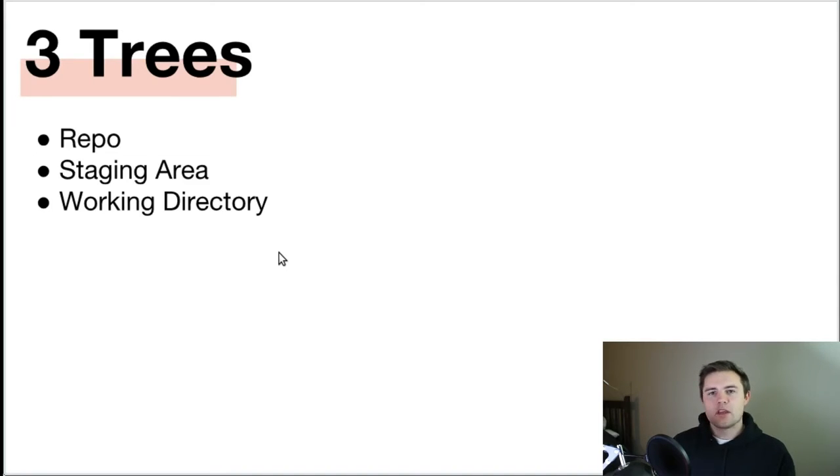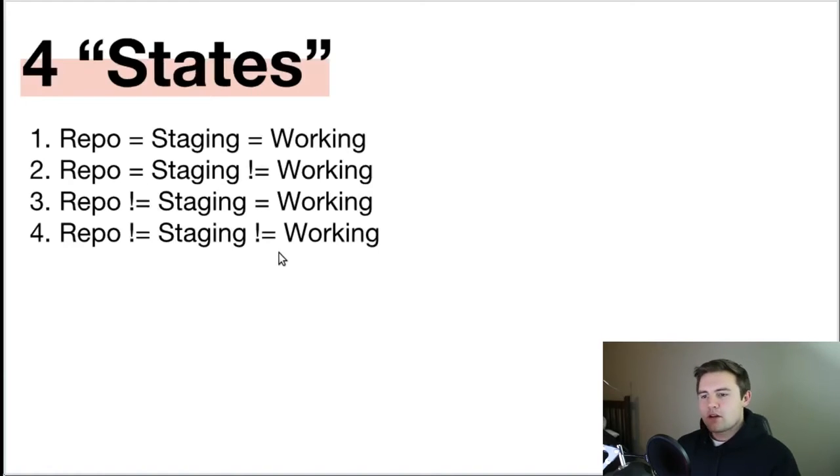And that is the repo, staging area, and working directory. This is a little bit more simple to conceptualize, and it's more in line with what we've been learning throughout the last video. So basically, these 3 trees can have 4 different states at any given time.